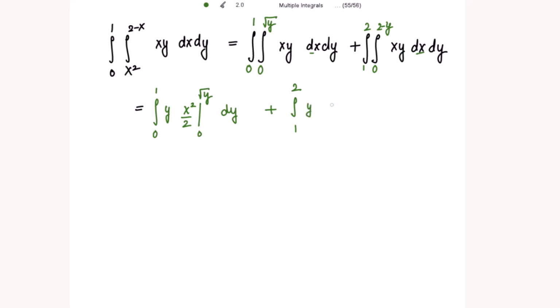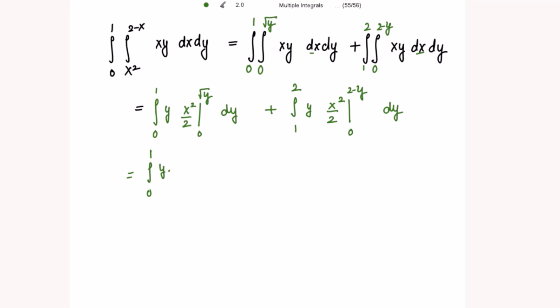So this is x square by 2 and the limits are from 0 to 2 minus y. This is dy. So this is equal to 0 to 1 integral y and putting the limits.